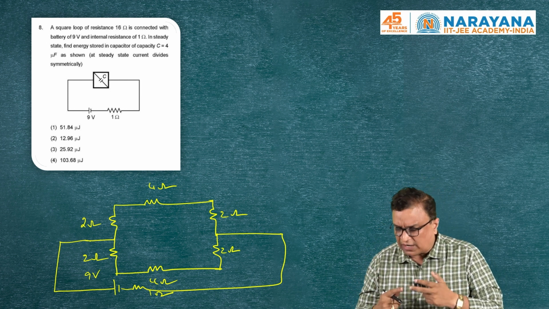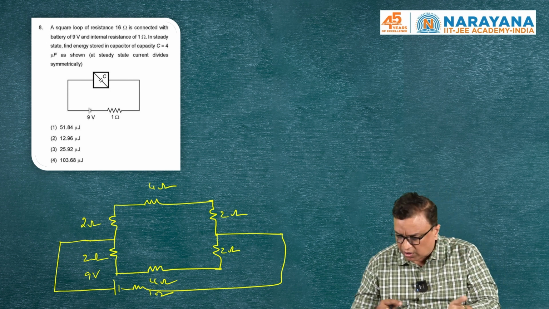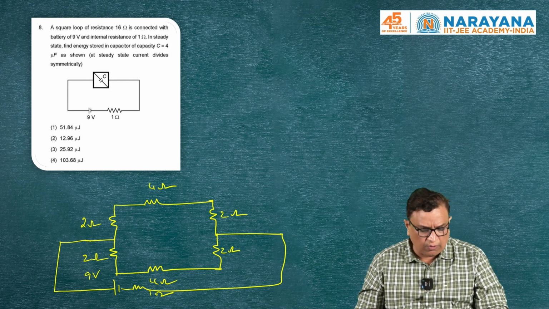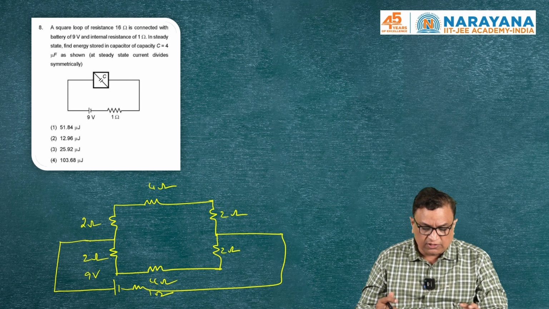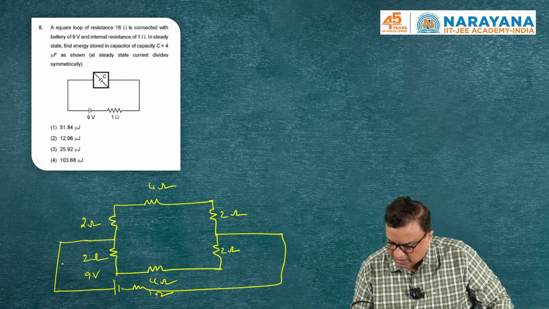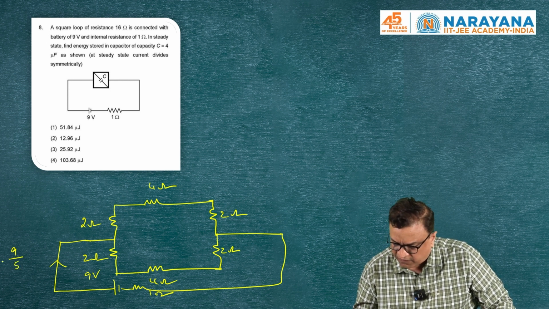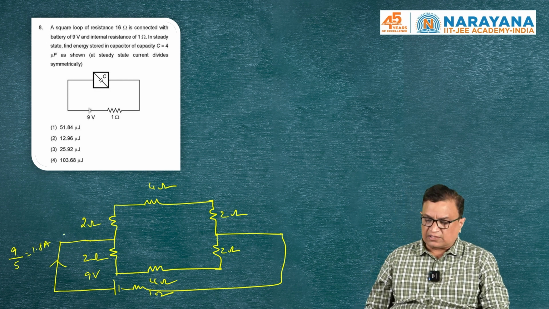Effectively, what is the total resistance? 8 parallel 8 combination gives you 4, and 4 and 1 series combination gives you how much? 4 and 1, that gives 5. So you have a current of 9 by 5. 9 by 5 means 1.8 amps is the current.